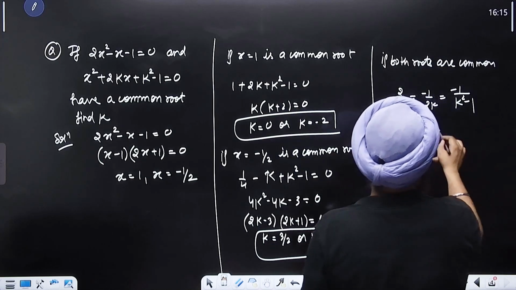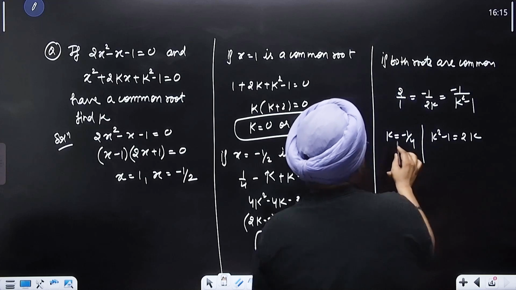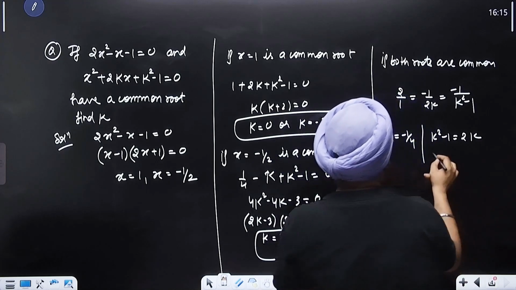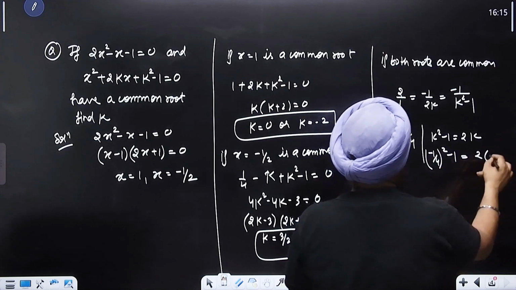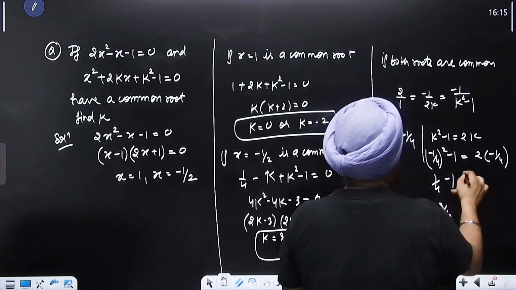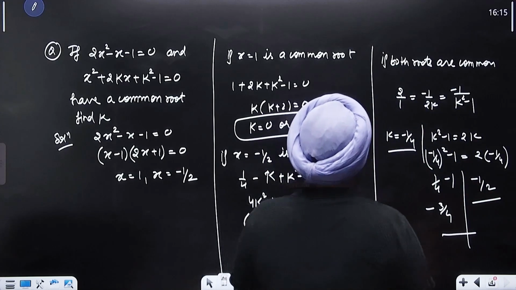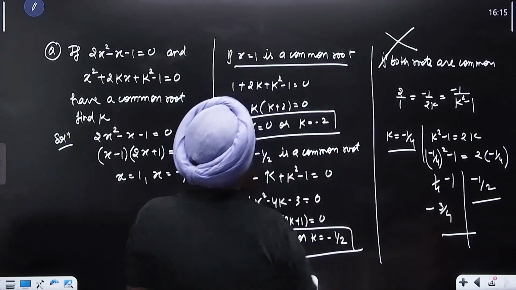From the last two, if k equal to minus 1 by 4 satisfies this condition, then both roots will be common. No, both the conditions are not satisfying simultaneously. So the equation cannot have both roots common, only one root will be common.